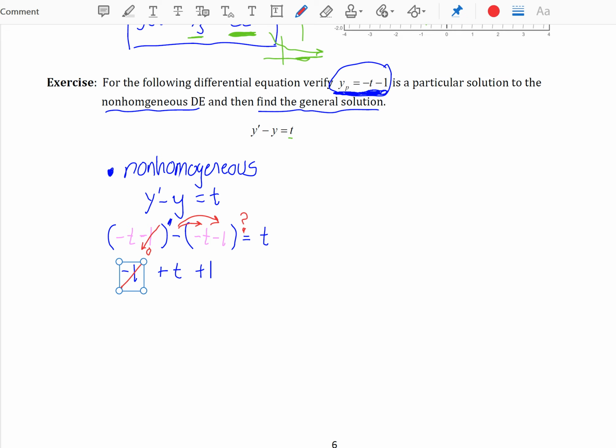Notice that the minus 1 and the plus 1 will cancel, and so this is equal to t like we wanted to, verifying that yp equal to negative t minus 1 is a particular solution to the non-homogeneous DE.